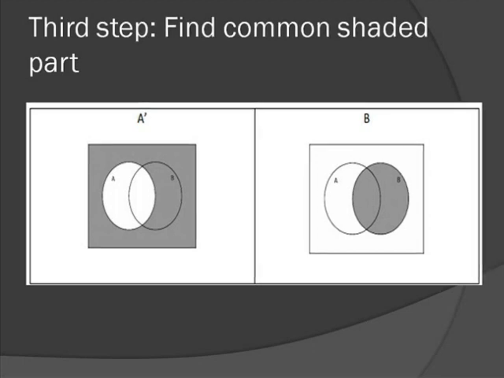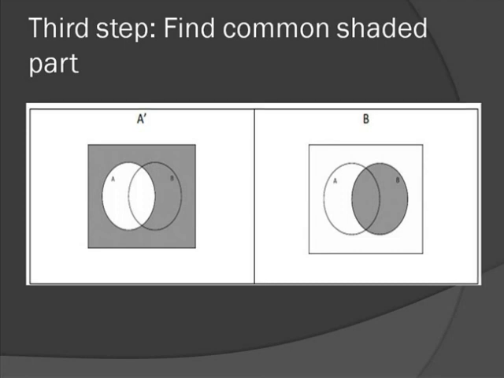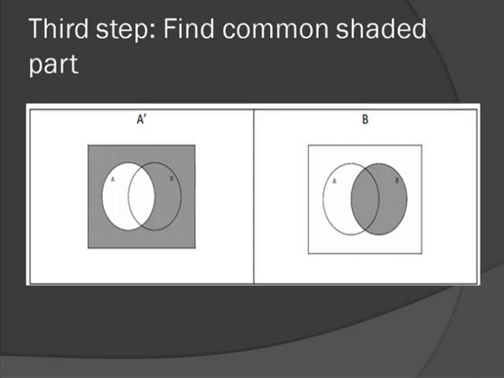When we look at the universal, it is shaded in A complement, and in B it is not shaded, so we will leave universal. When we talk about set A, it is not shaded in A complement, and part of set A is shaded in B, so we will also neglect this A. When we talk about B, we can clearly see that the uncommon part of B is shaded in both the diagrams.